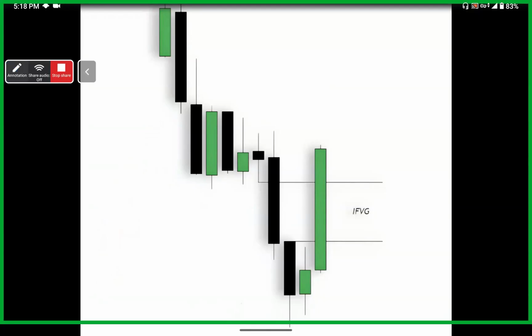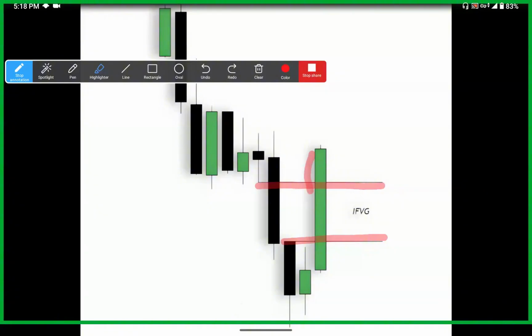An inversion fair value gap is when a candle is formed and it closes above that fair value gap, meaning this fair value gap that you see here has been inversed. Remember we anticipate this fair value gap to act as resistance when price is going high, and as support when price is going low.